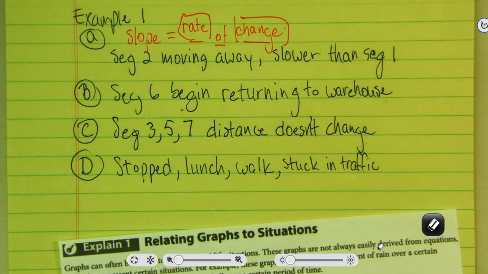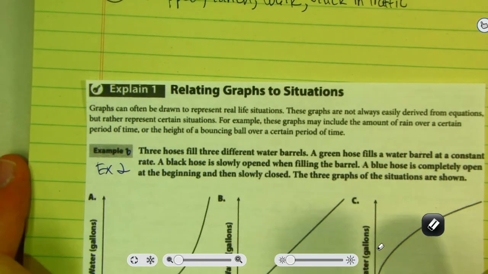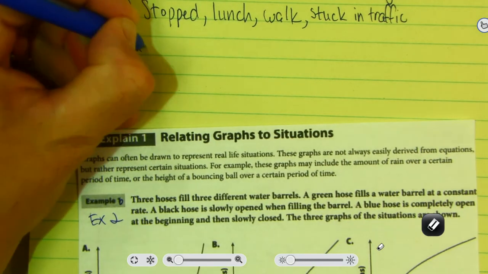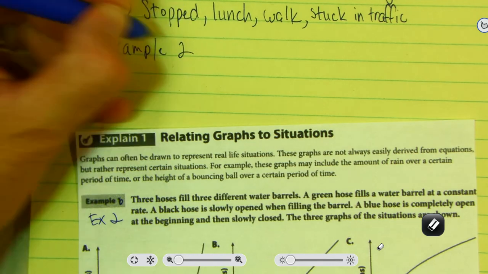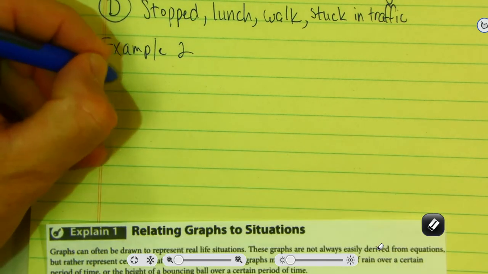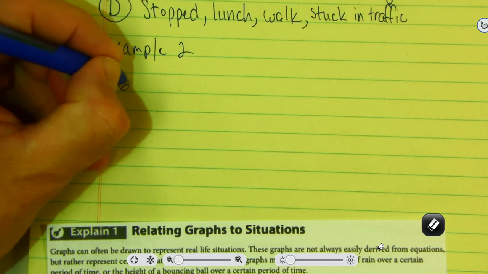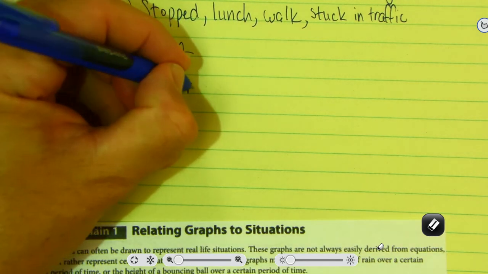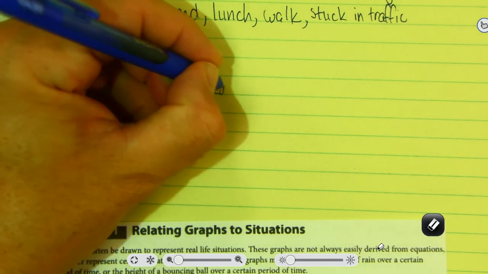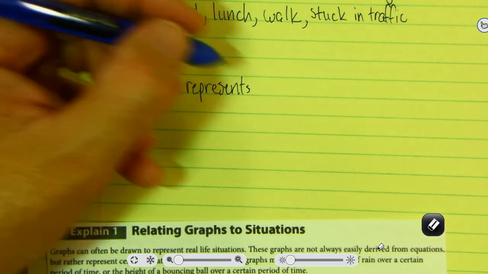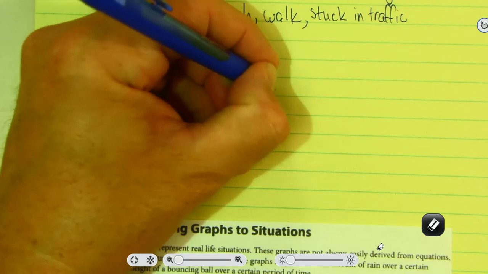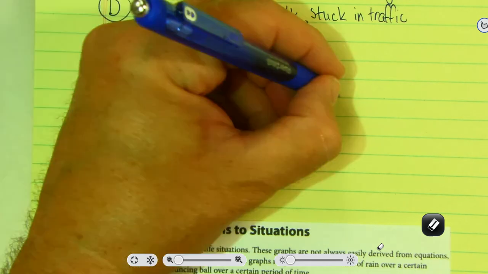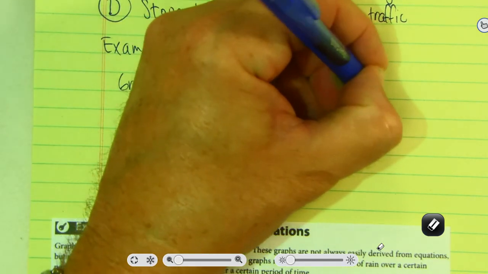So here's what I want you to write down for example 2. Okay, so graph A represents the black hose, and it's slowly opened.